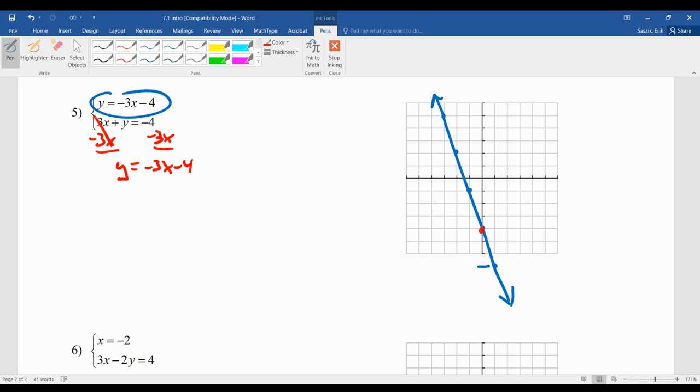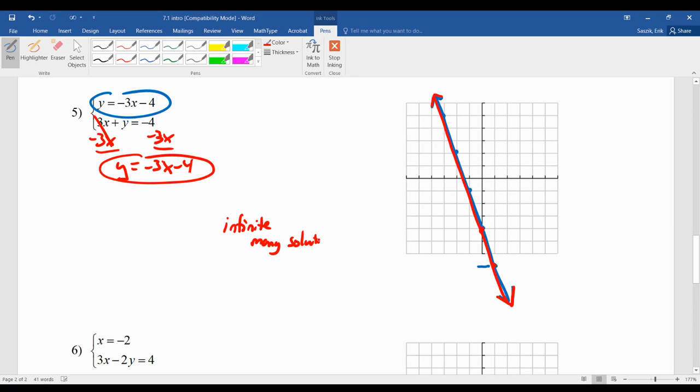We have an interesting situation here, right? What happened when we solved this one? See, it says down 3 over 1. We came up with the same exact line. Both of these equations were exactly the same. So this is a special case. This is where we say infinitely many solutions.